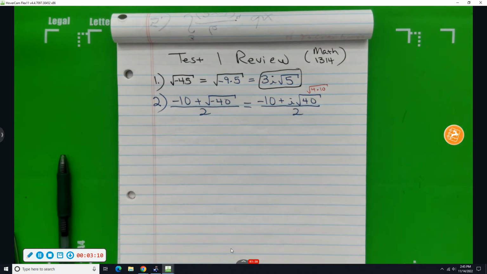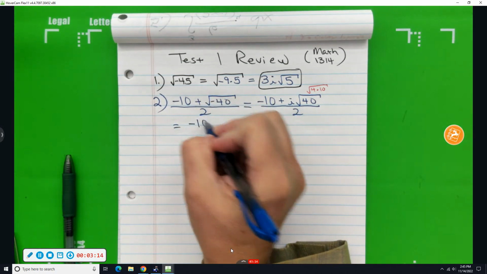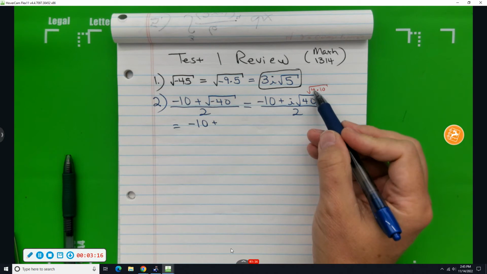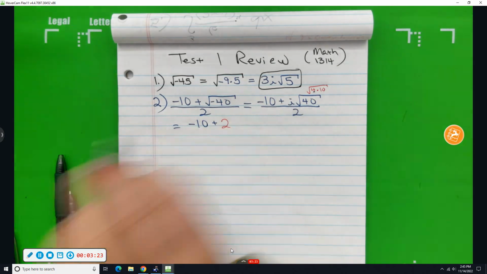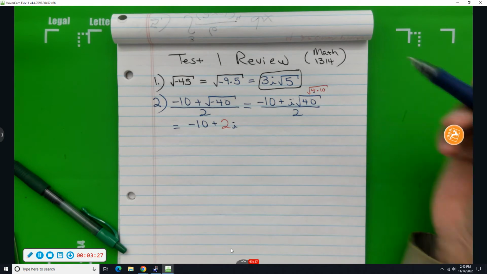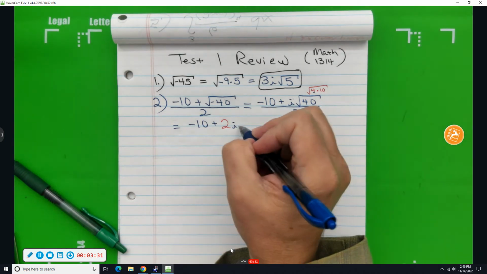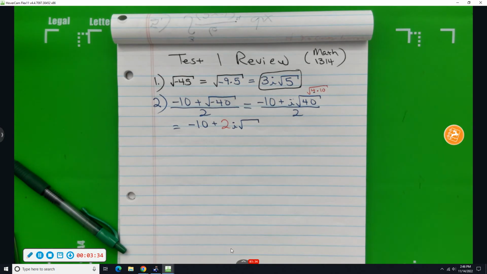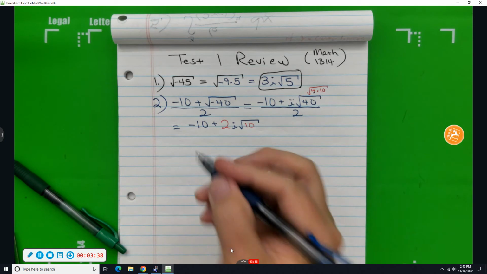So I'm going to carry down negative 10 plus the square root of 4, which is 2. So we have a 2. Don't forget that i. What are we going to do with that 10? The 10 stays under the square root. I agree. All over 2.